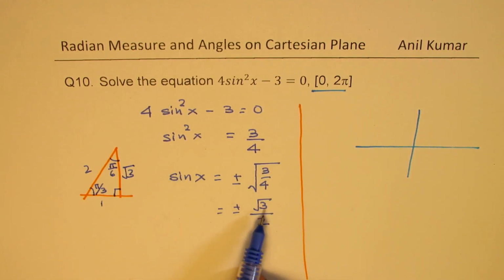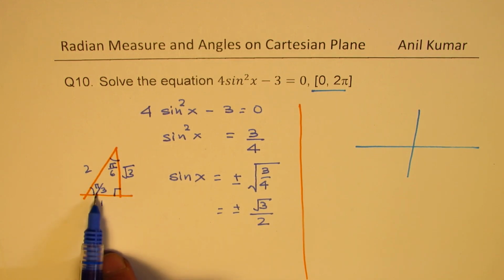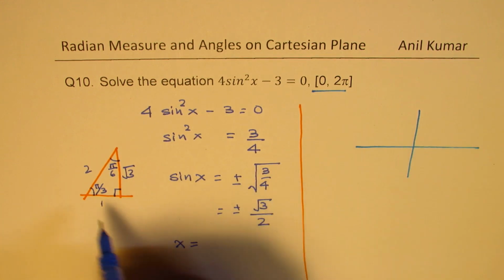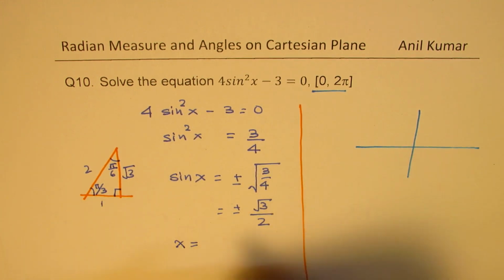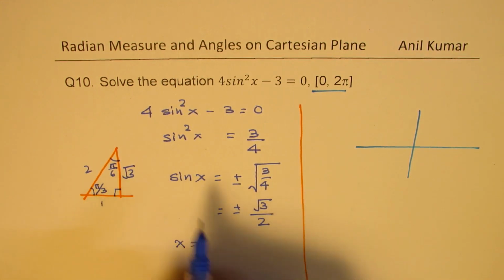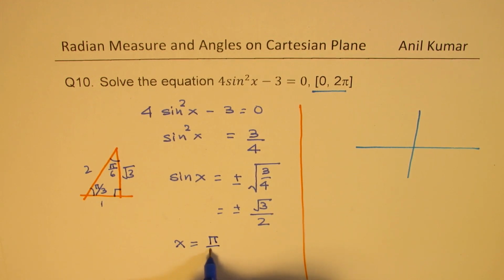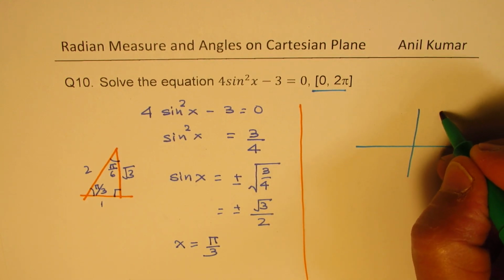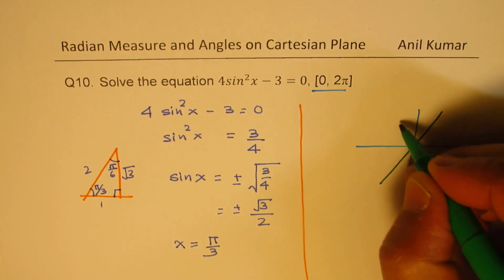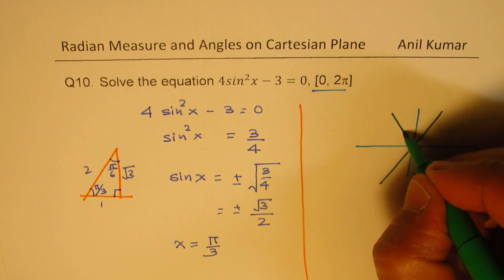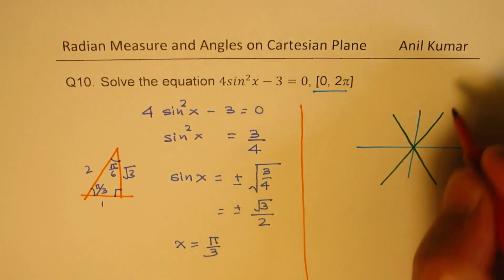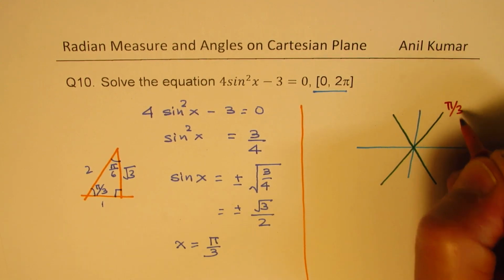Since the sine value is square root 3 over 2, the acute angle x is what? Pi by 3 in quadrant 1, correct? So that is one of these angles, right? So what we have here is pi by 3. We are looking for 4 solutions here. So these are the 4 solutions, correct? One angle is pi by 3.